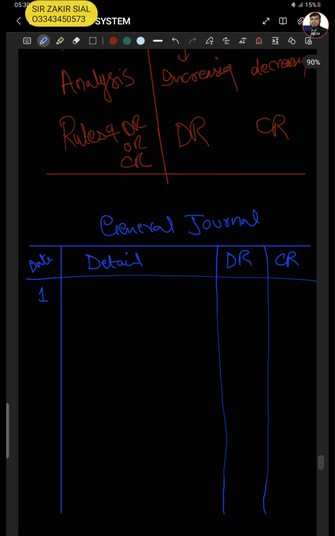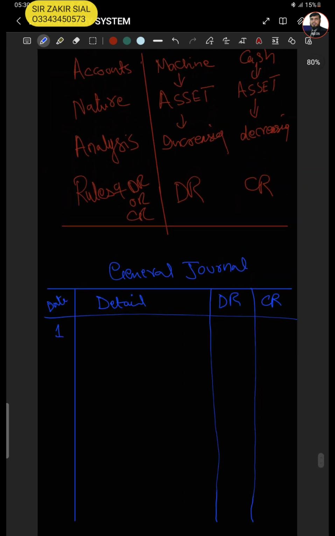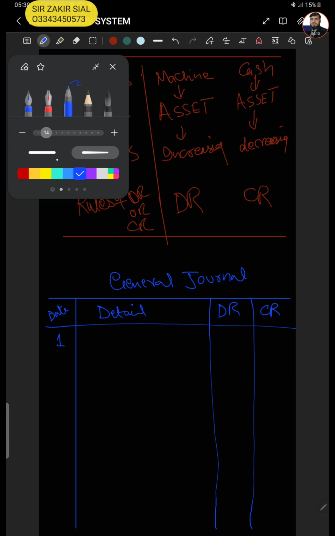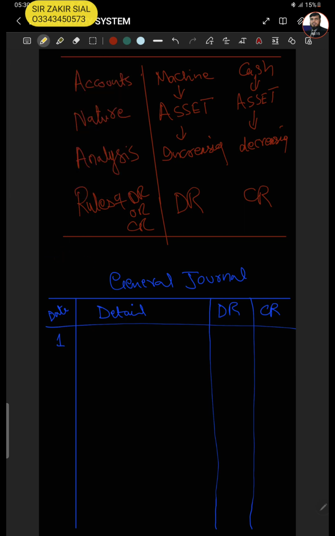So this is the first transaction, so first we put the date. First of all, we write the debit entries. In the first transaction, the machine asset is increasing. So machine account, AC stands for account, debit.